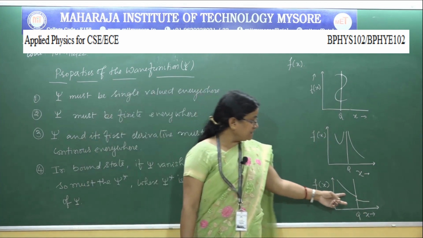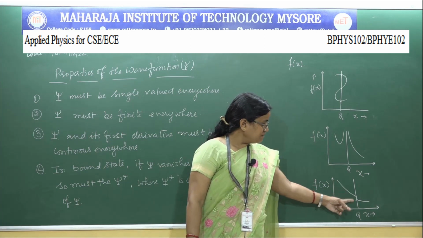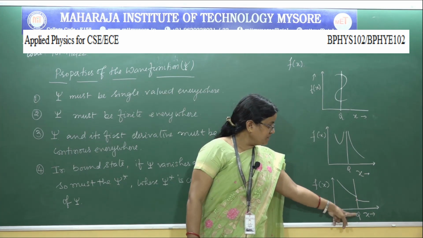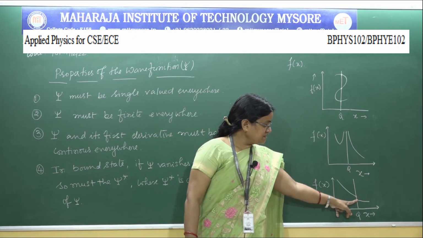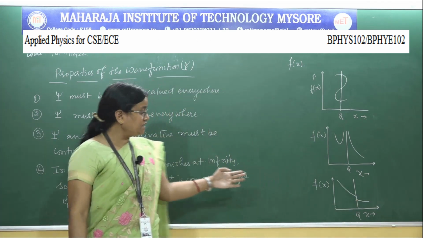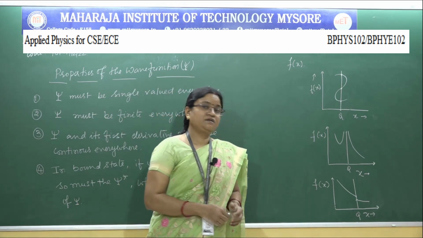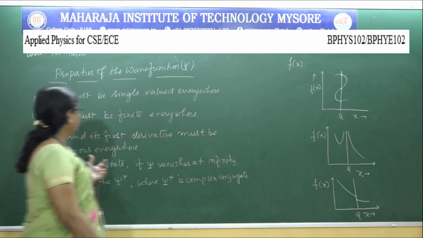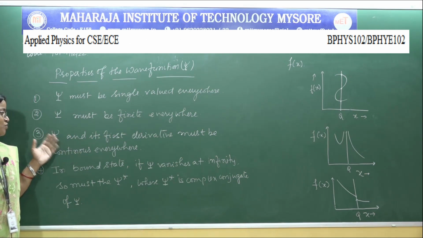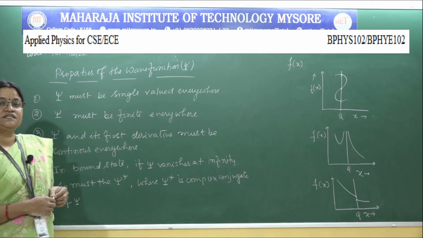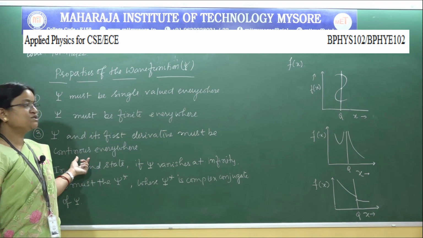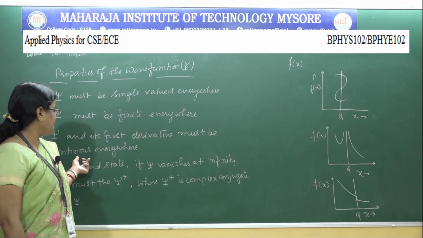What we observe here is that the function at point Q is discontinuous, and hence this function is not a wave function. For it to be a wave function, both psi and its derivative, means if you differentiate with respect to any term, must be continuous everywhere.